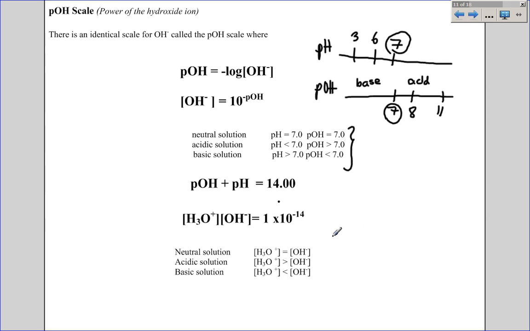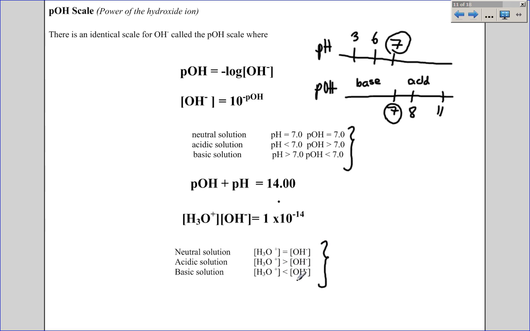And again, we want to rethink what we mean when we say a neutral, acid or base solution. A neutral solution is one where the concentrations of the hydroxide and hydronium are equal. An acid solution is simply one where there's more hydronium than there is hydroxide.